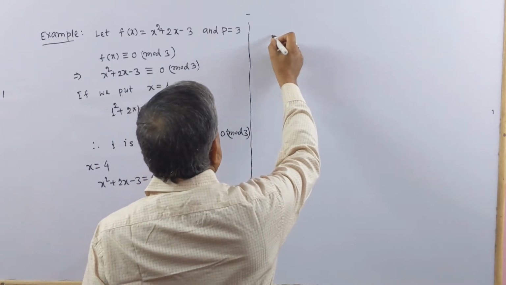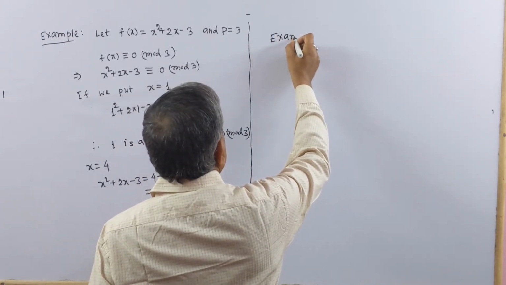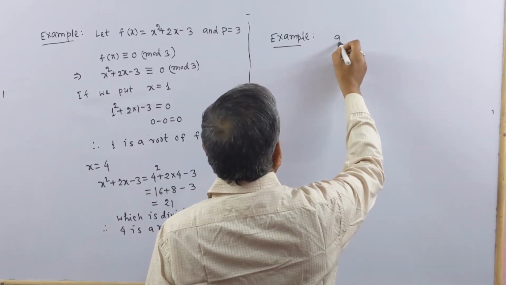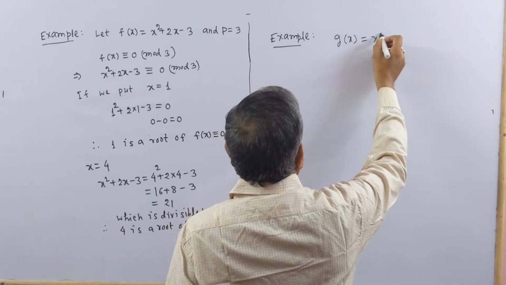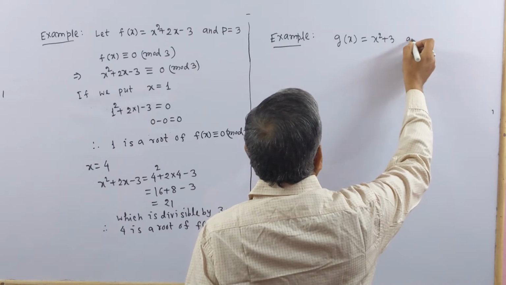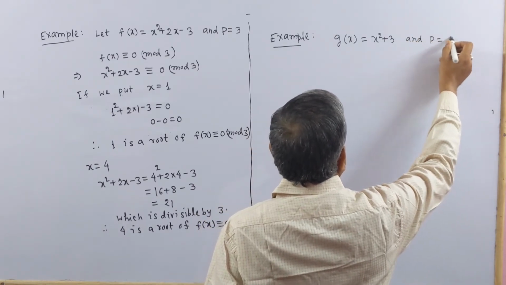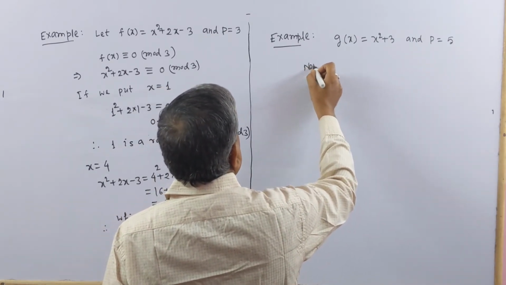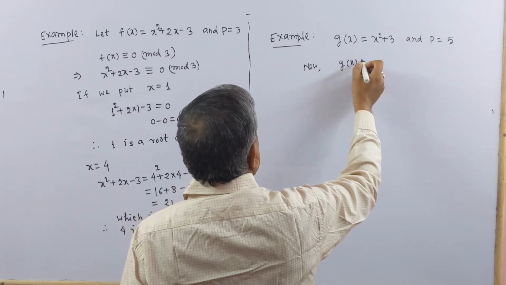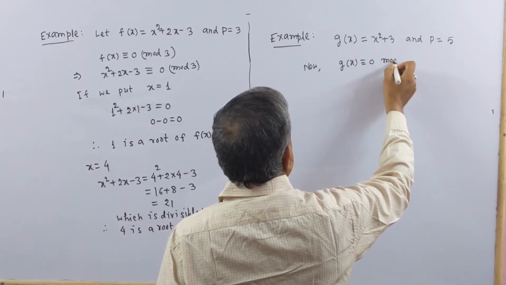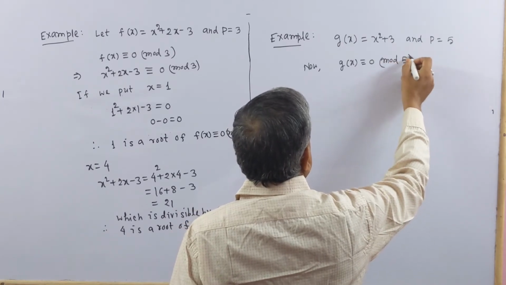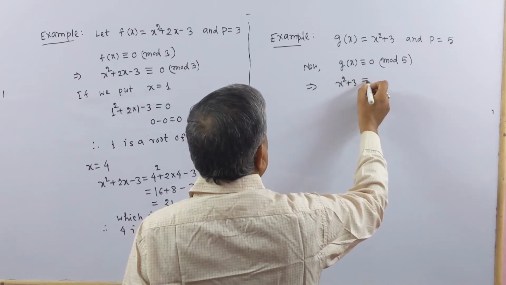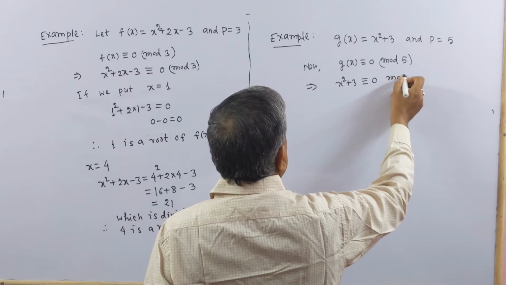Now we take another example. Let g(x) equal to x square plus 3 and p equal to 5. Now g(x) is congruent to 0 modulo 5 implies that x square plus 3 is congruent to 0 modulo 5.